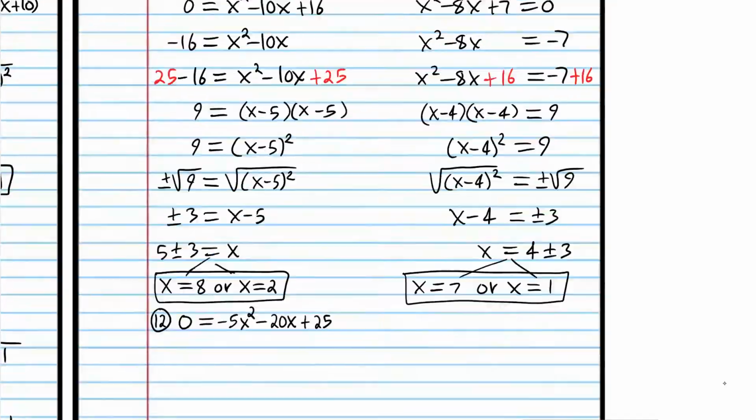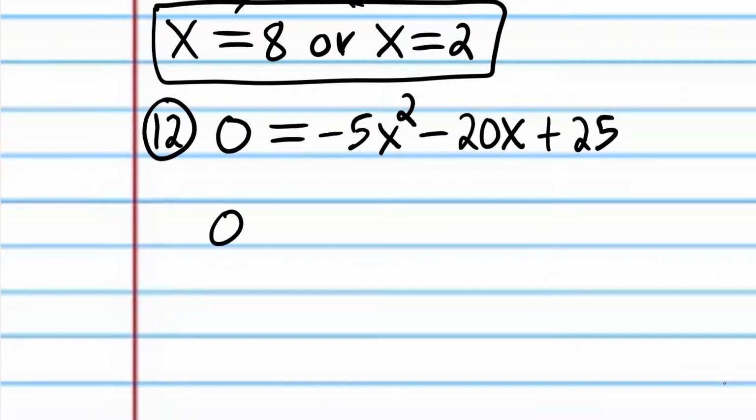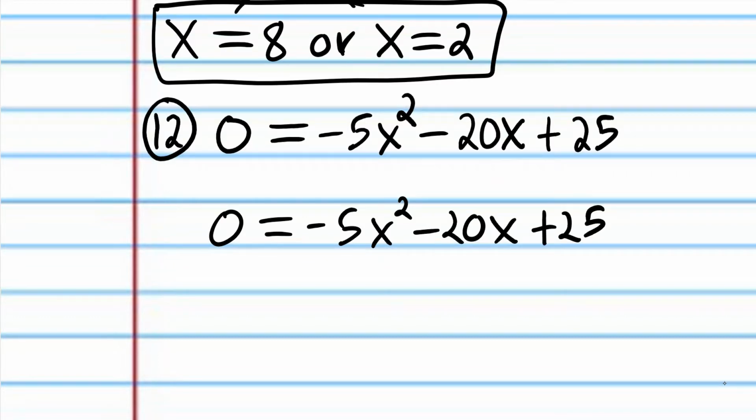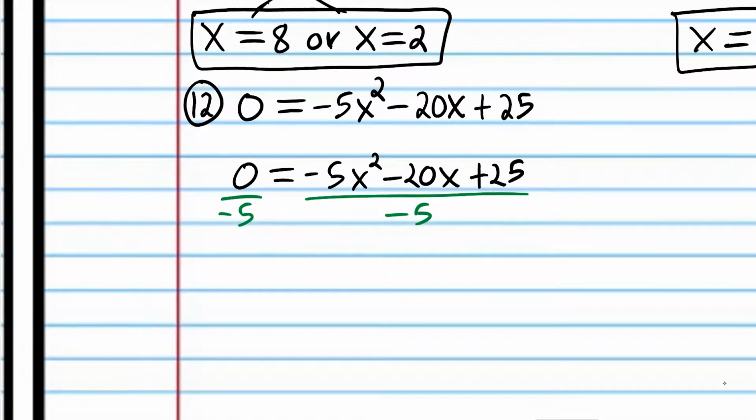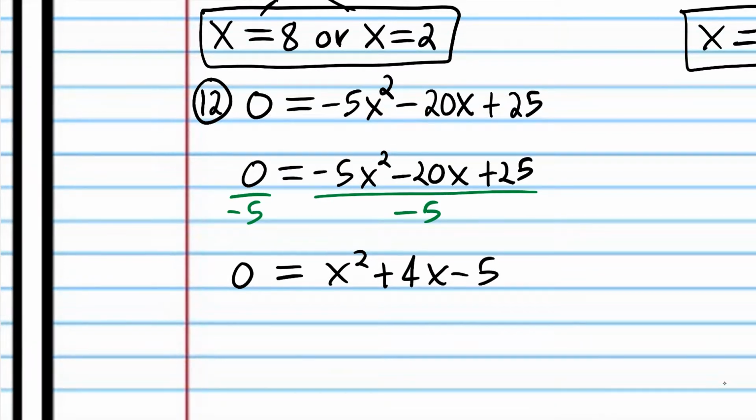All right, we're back. Divide both sides by -5. And we get 0 is equal to x squared plus 4x minus 5.